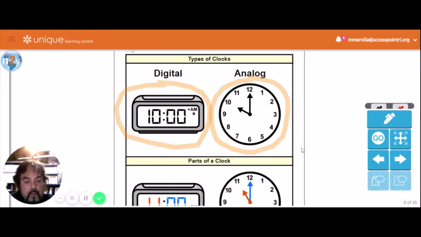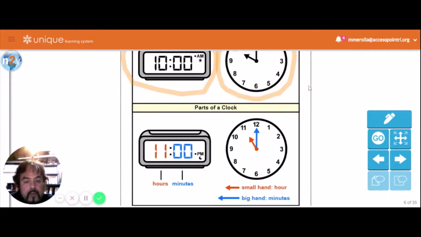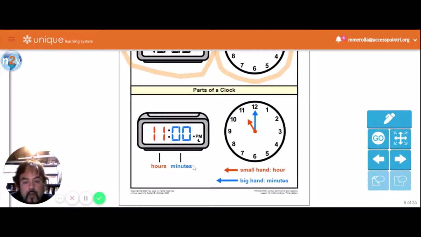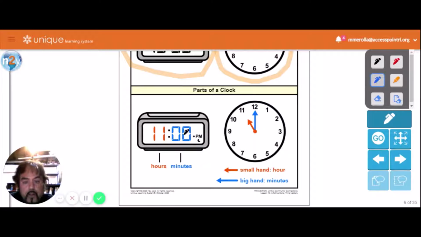Parts of a clock. For the purposes of this lesson, the hours will be represented with orange. The hours are over here on the digital clock, and over here are the minutes.